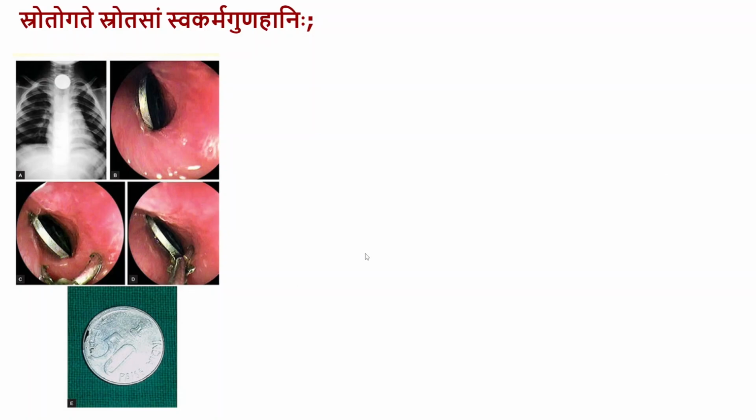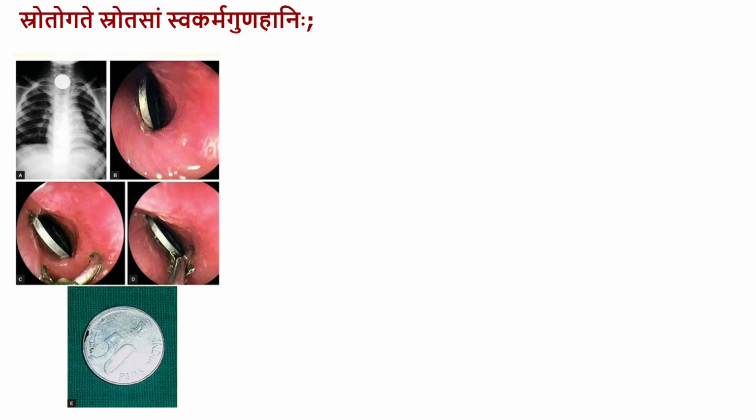In other situations, you can just observe, and if it has crossed the pyloric junction, provided there are no other structural abnormalities in the gastrointestinal tract, the chances of spontaneous expulsion are quite high.